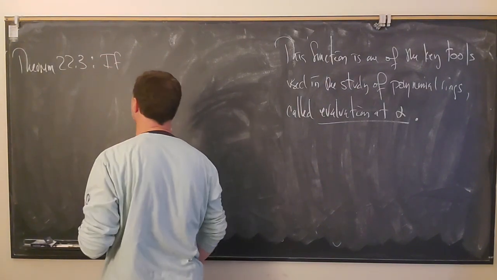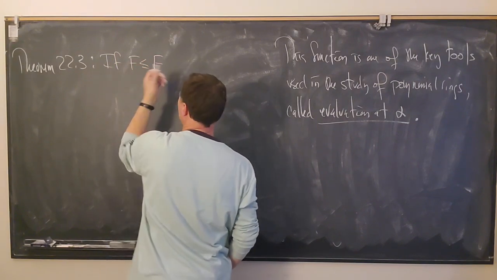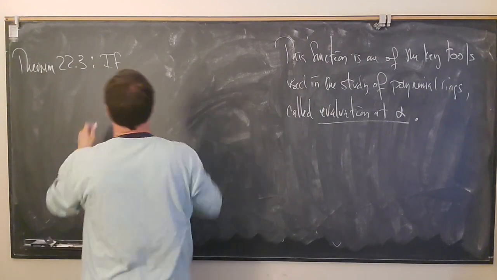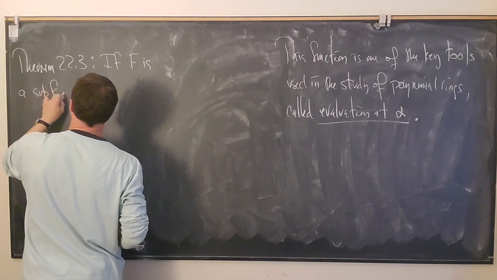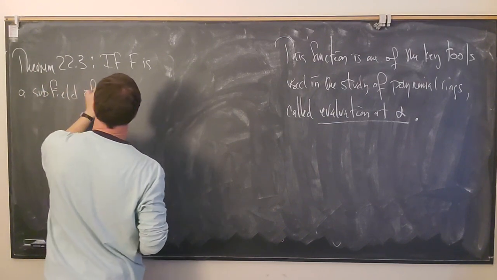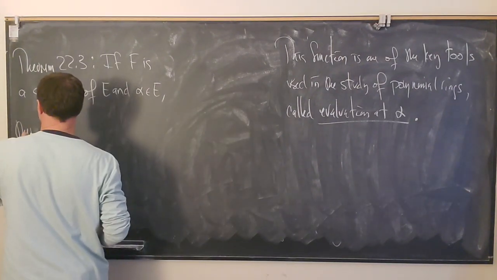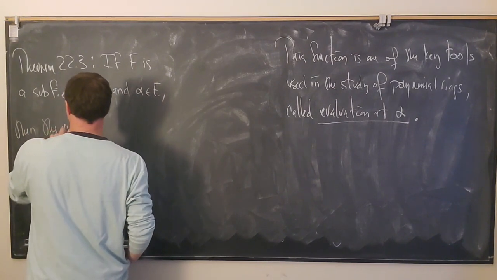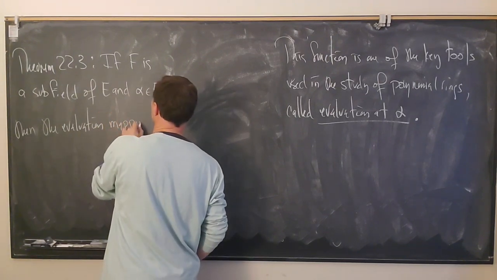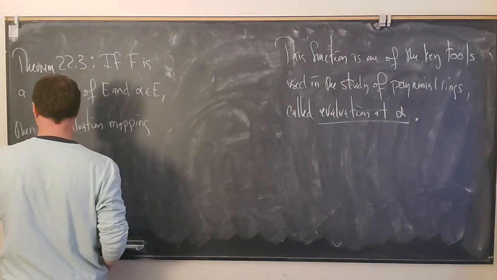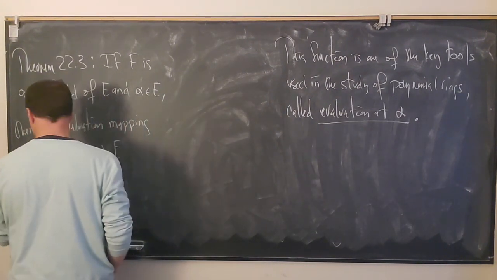If F is a subfield of E and alpha is an element of E, then the evaluation mapping phi sub alpha from F bracket X into E is a homomorphism.